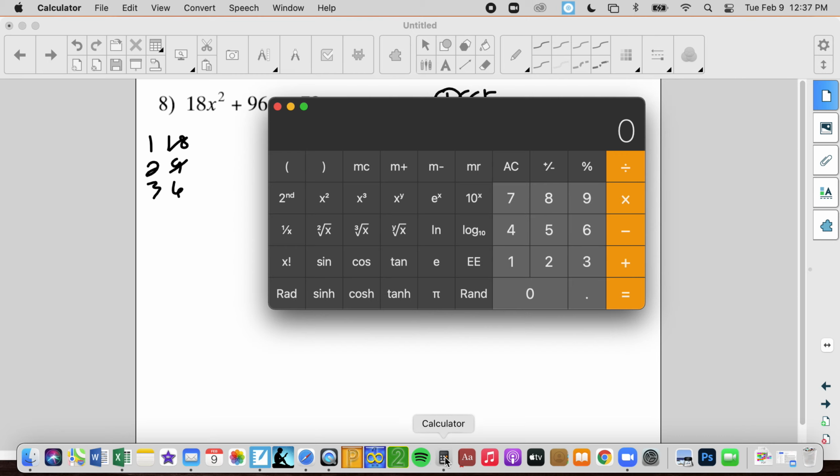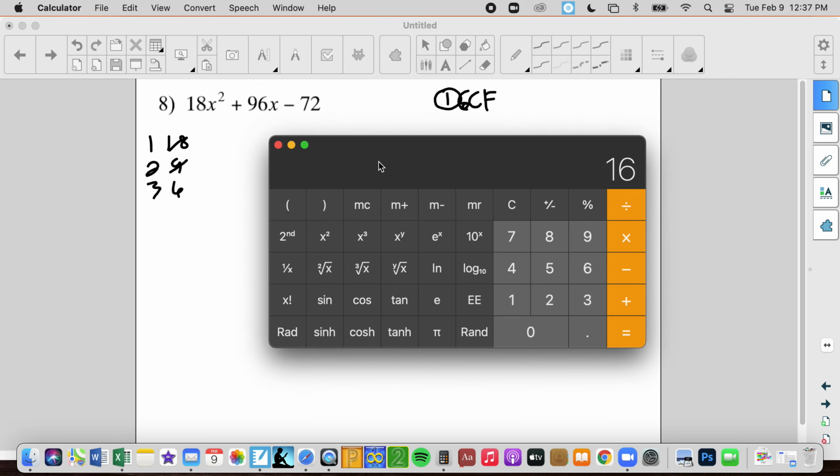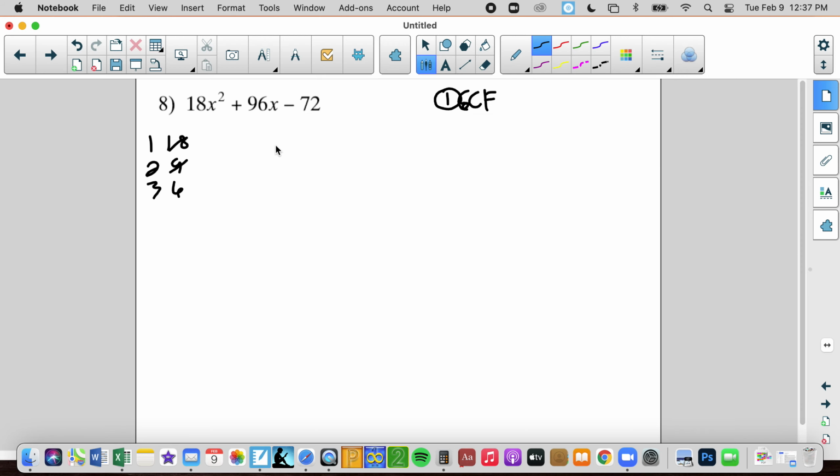Let's try 6. 96 divided by 6 is 16. Good. And does 6 go into 72? Yes, 12 times. So I found my GCF is going to be 6.